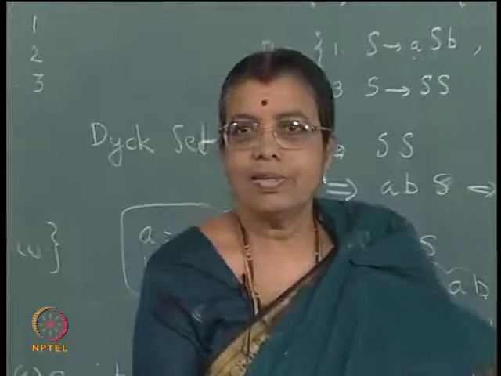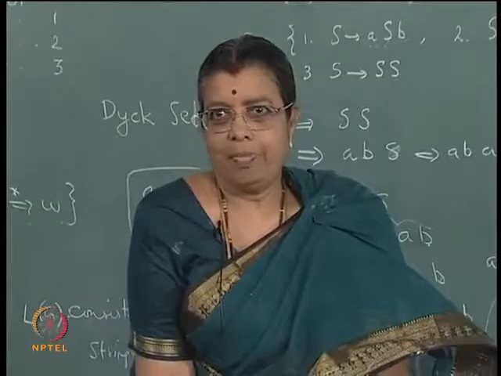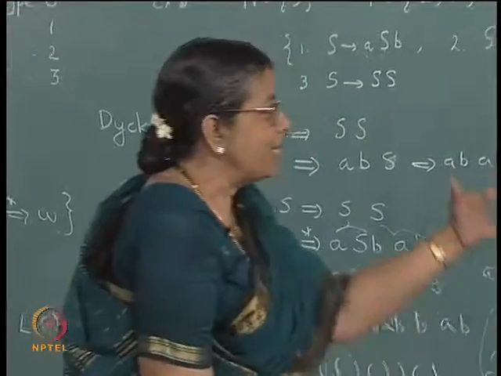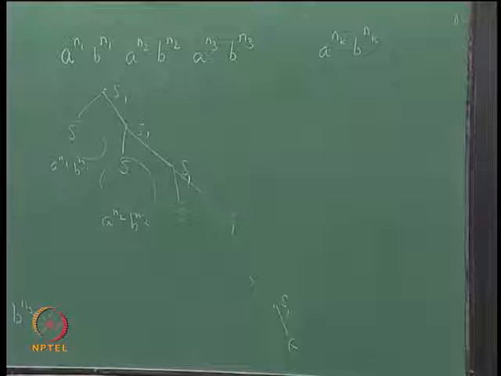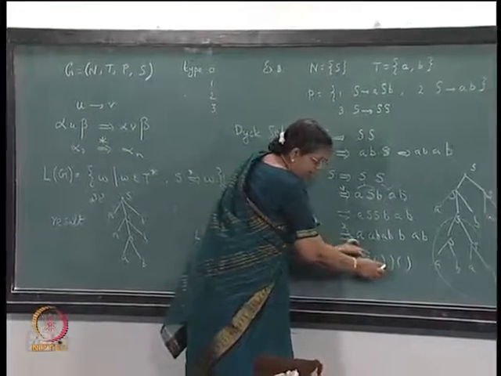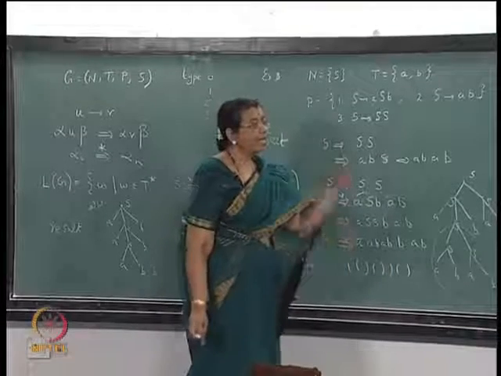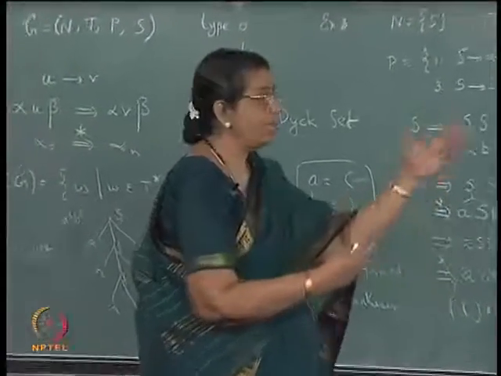This is also equal number of A's, equal number of B's. What is the basic difference between that and this? There is no nesting here. There is nesting there. See, within this left parenthesis and right parenthesis you are having this. That sort of a nesting is not possible here. You have A power n1, B power n1, A power n2, B power n2, like that, but no nesting is there.